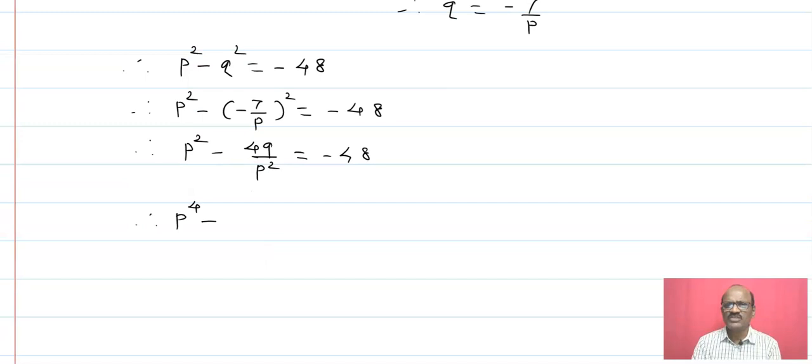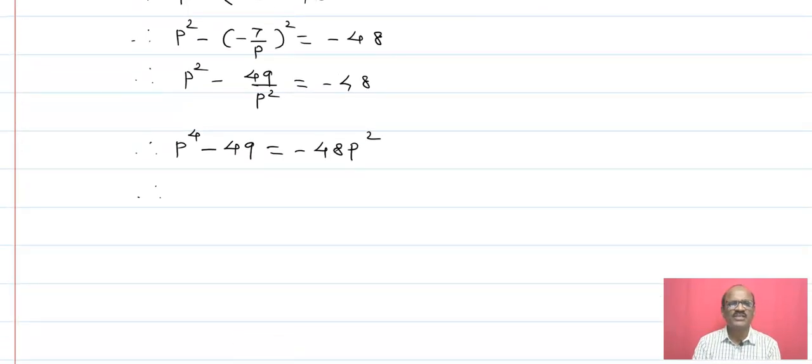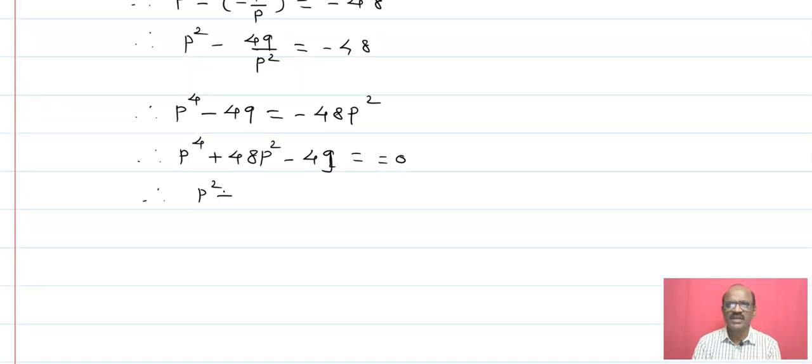Multiply on both sides by p square, then you will get p raised to 4 minus 49 is equal to minus 48 p square. Therefore, the quadratic equation is p raised to 4 plus 48 p square minus 49 is equal to 0. Now factorize it, 49 and minus 1, that is p square plus 49 and p square minus 1 is equal to 0.